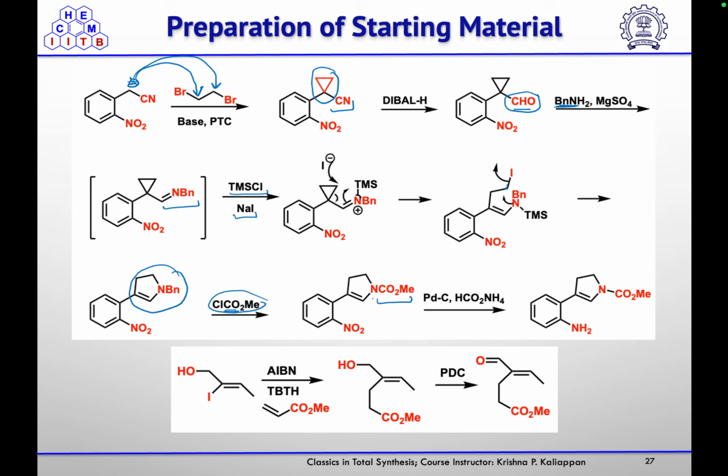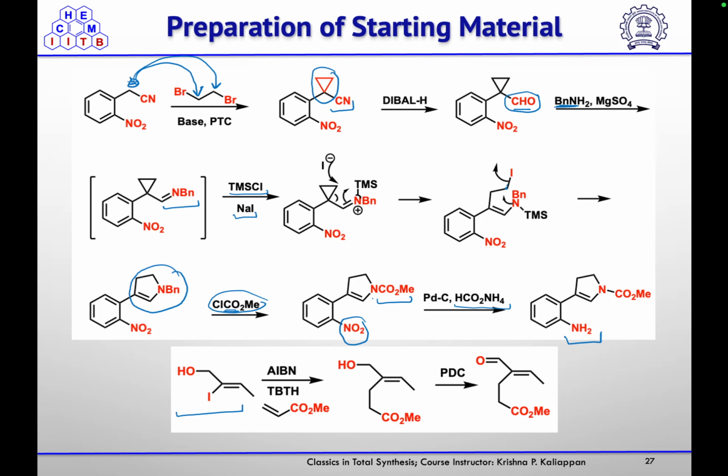Then on treatment with palladium on carbon in the presence of HCO2NH4, it will generate hydrogen in situ, and then they reduced that nitro group to the corresponding amine. Then for the formation of that other aldehyde, which will react with this amine to form the corresponding imine, for that purpose they started with this vinyl iodide.